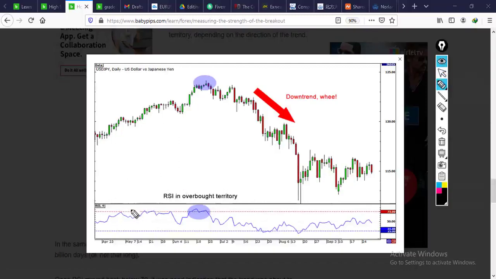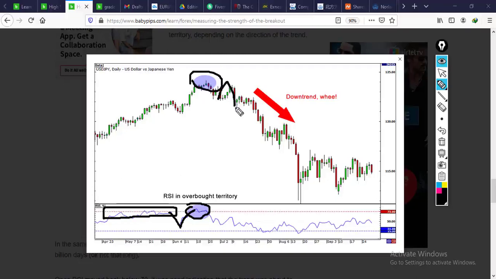If price has been in the overbought region for a long time, as I'm marking out here, moves away and comes back to that same region again, you should know that something terrible is about to happen. And what is that? Reversal in the market.